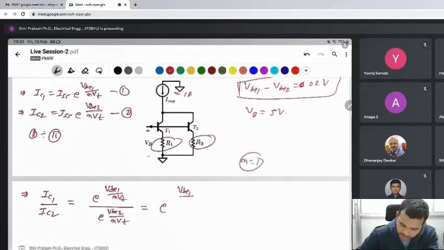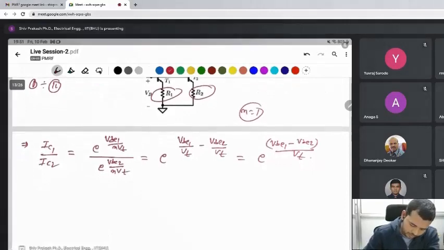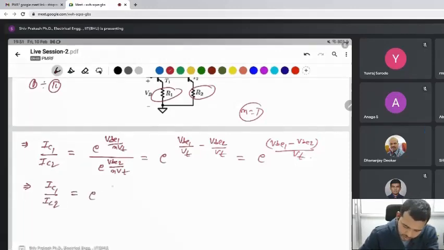Take n equal to 1, so it is e to the power (VBE1 minus VBE2) divided by VT. All the values are given, so e to the power 0.02 over VT gives 2.225.